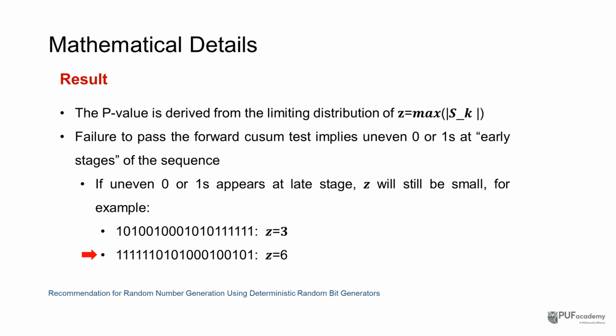In the second example, 11111101010001001, the test statistic z is 6. This higher value is due to the clustering of ones at the beginning of the sequence, demonstrating that the test is most sensitive to imbalances that occur early on. This highlights the test's specific strength in detecting initial bias in a bit stream.